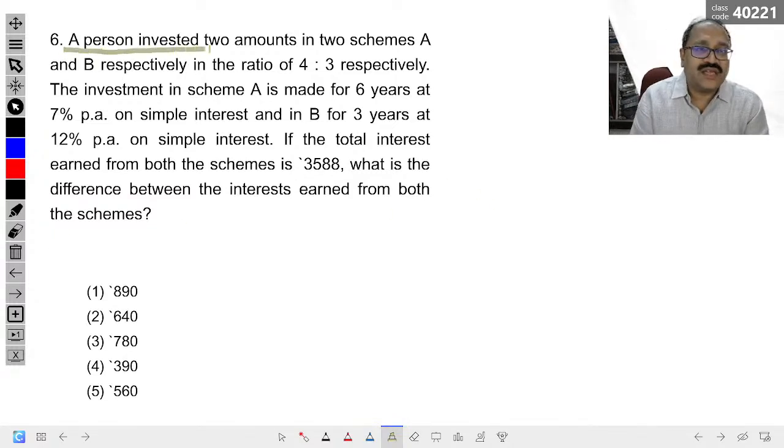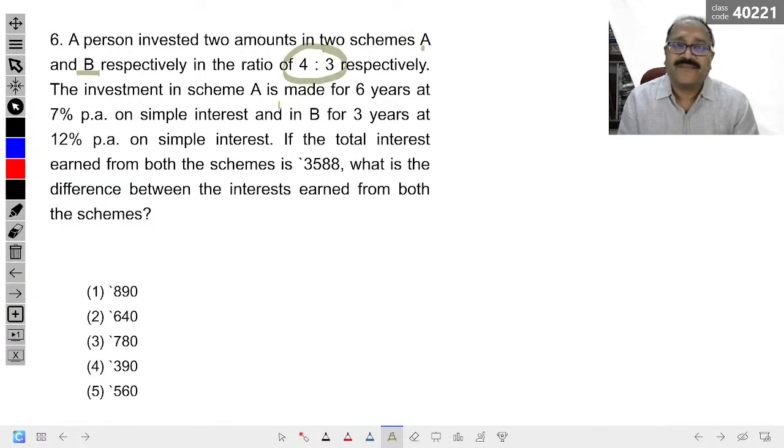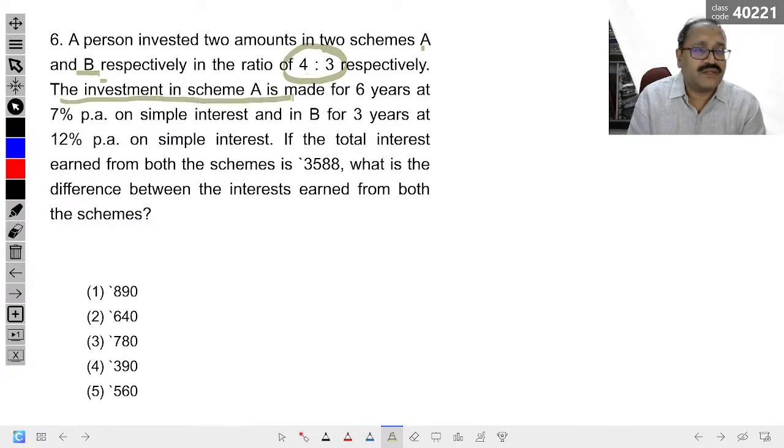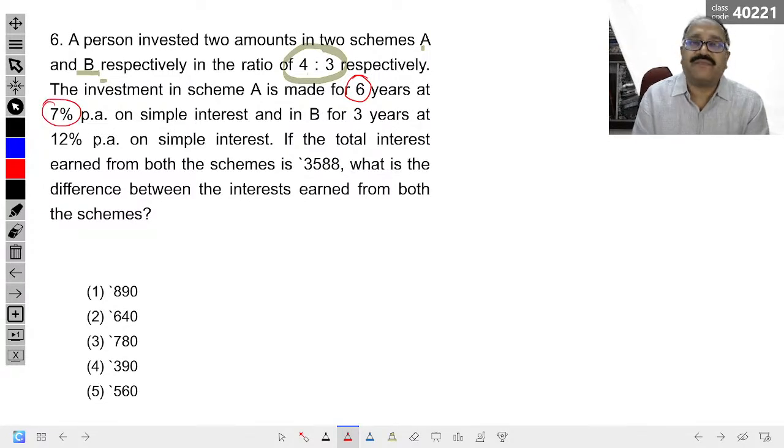A person invested two amounts in two schemes, A and B, in the ratio of 4:3. The investment in scheme A was made for 6 years at the rate of 7% per annum.